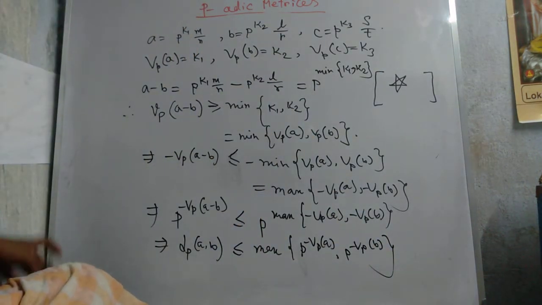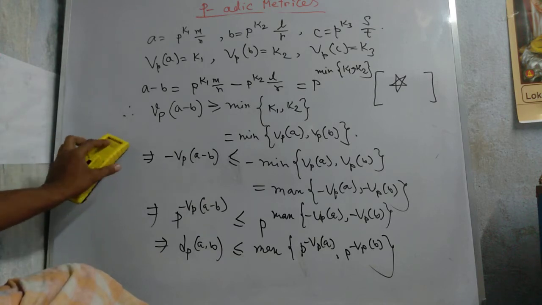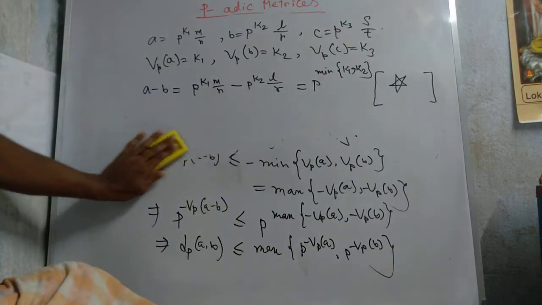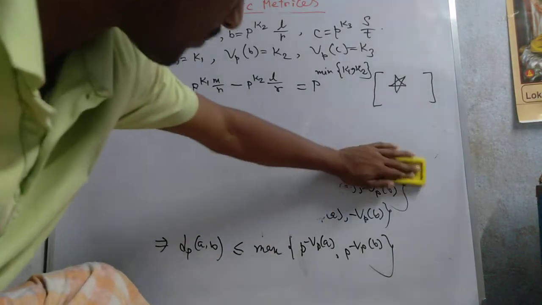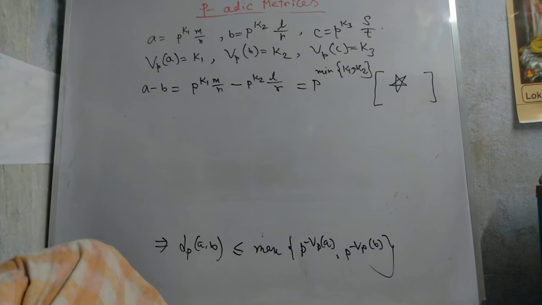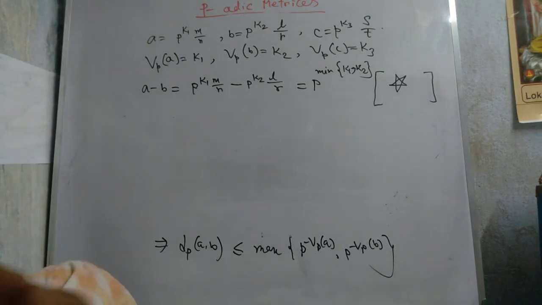Again we do it, so we erase these things now. What do we obtain? d_p(a,b) is less than or equal to the maximum of p to the power minus v_p(a) and p to the power minus v_p(b).